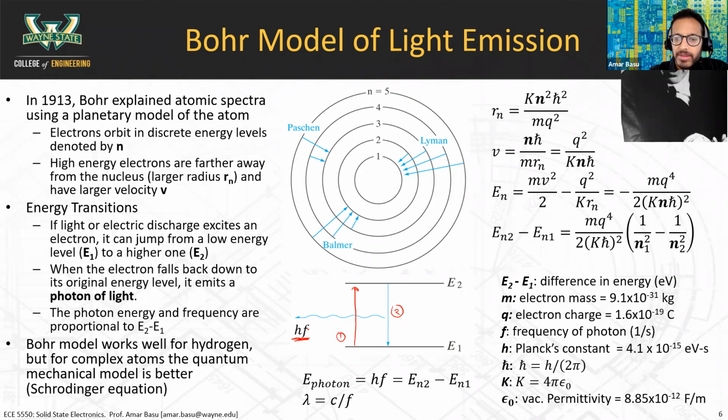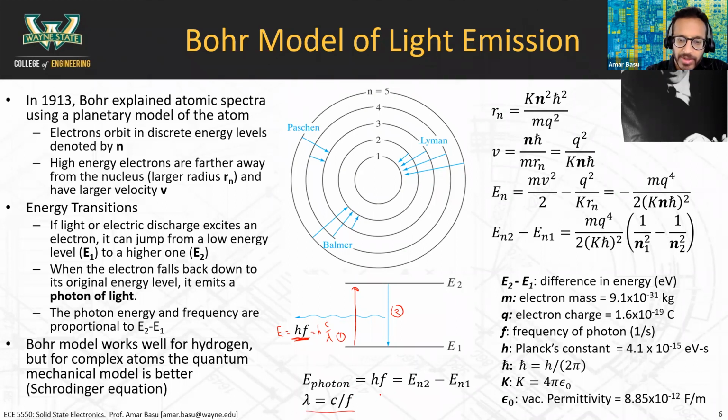So it gives off a light with energy equal to h times frequency, and this is also equal to hc divided by lambda. This is also written down here as well.